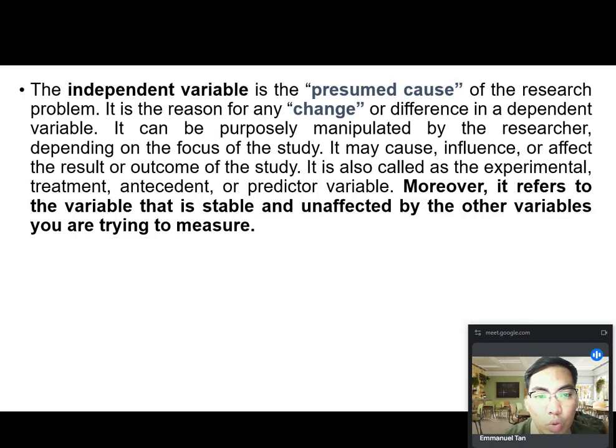So kita niyo doon yung sanhi, no, nung gaano katagal, baka merong effect, no, yung time spent ng pag-review at doon sa magiging score, no, ng isang student. Okay? So, moreover, it refers to the variable that is stable and unaffected by the other variables you are trying to measure. Kaya nakita natin dyan, a researcher can purposely manipulate the independent variable. Okay?